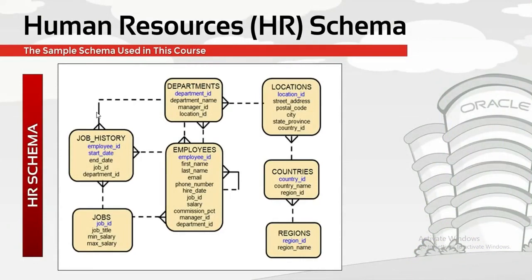You can see job history, departments, locations, employees, countries, regions, and jobs. These have relations between each other. You can see the lines connecting them, which represent relationships. This is just a model of the HR schema that we use here for practicing purposes.